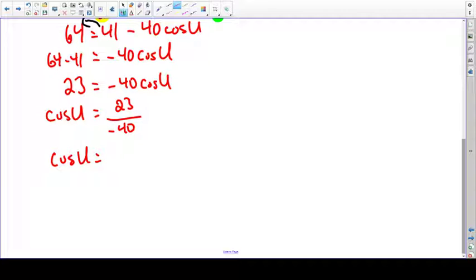Now, what is 23 divided by negative 40? Well, 23 divided by 40, a negative, is exactly, I'm not rounding here, negative 0.575. We should write this to 4 decimal places, okay?